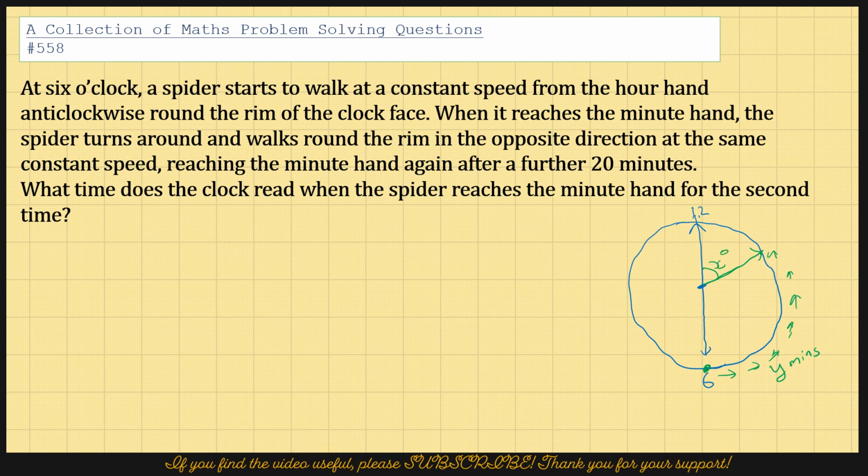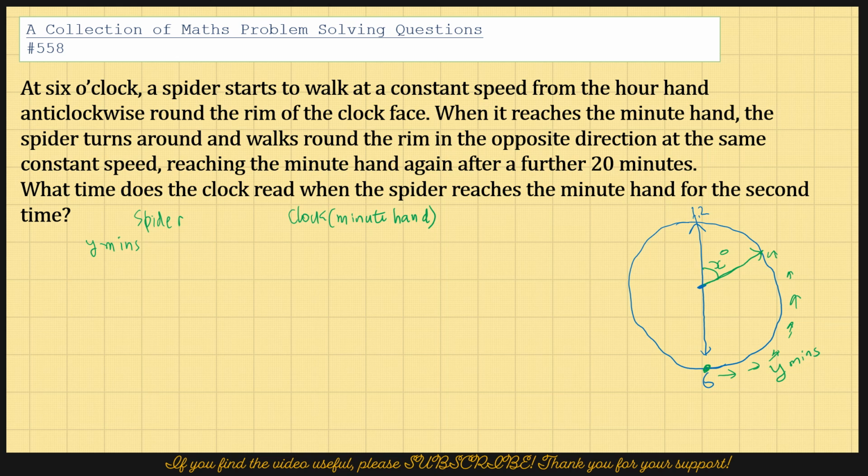So that's the first part. May I write that down? So we have the spider and we have the clock, the minute hand. So you see, we have to write the angle.